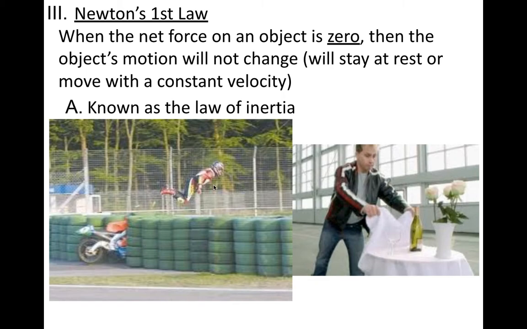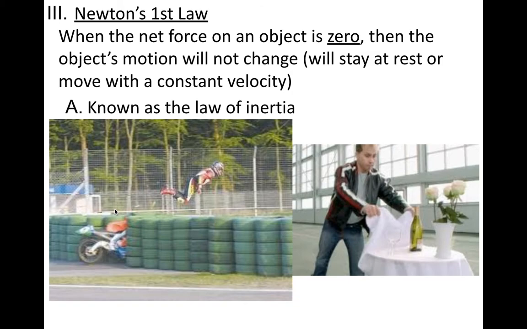Here's our skateboard with our skateboarder, but now it's a motorcyclist. The motorcycle stops. There's a force that stopped it. Why does the motorcyclist keep going? Because nothing stopped him, and he wants to keep going. His inertia keeps him going. The net force on the motorcyclist is 0. There's nothing pushing on him to stop, and nothing throwing him forward.